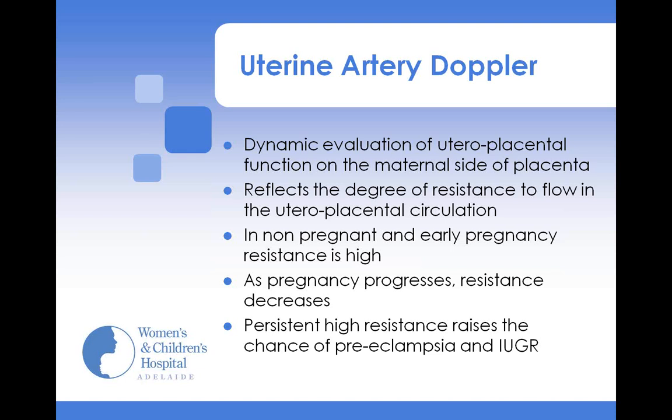So in a non-pregnant or early pregnancy state, resistance to flow in the uterine arteries is high. As the pregnancy progresses, resistance decreases. And persistent high resistance raises the chance of preeclampsia and IUGR, and I think 70% chance of preeclampsia and 30% of IUGR.